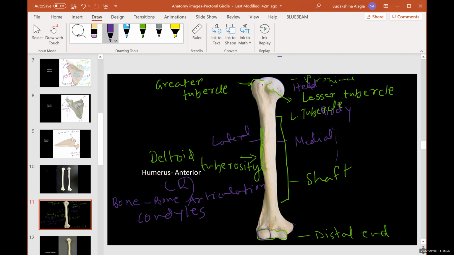And the distal ends have the condyles. That also then explains what is an epicondyle. Epi meaning above. If this is the condyle, I'm going to erase the distal end and I'm going to write condyle in its place.